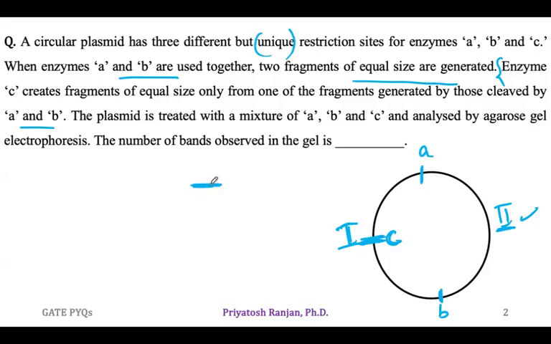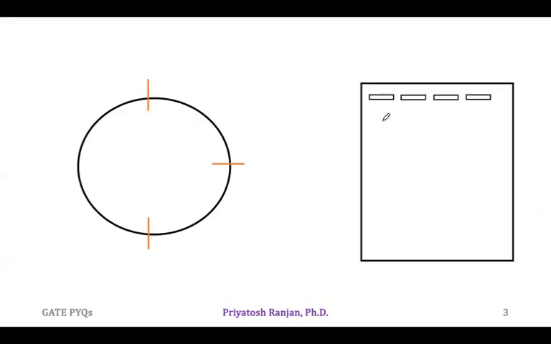So now let's complete this question. It says this plasmid is treated with a mixture of A, B, and C. So let's place these restriction enzymes on this circular plasmid. Let's keep A here, B here, and C here. Now what will happen? If I digest this circular plasmid DNA with A, B, and C all together, I'll get these fragments 1, 2, and 3.